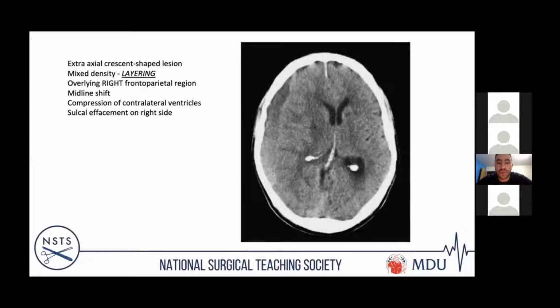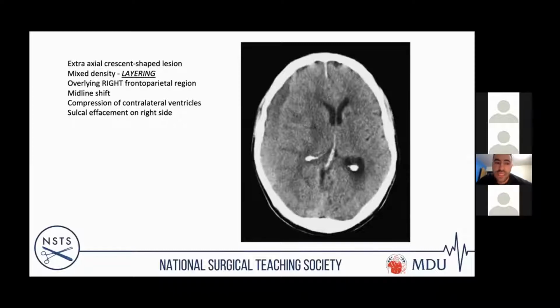The main pathology is an extra-axial lesion, meaning it's not part of the brain, it's outside of the axis, which is the brain and spine. So it's an extra-axial, crescent-shaped lesion. It has mixed density, and there's layering, so you can see from the top, which is the darkest color, the most hypodense, to the bottom where it's the most hyperdense.